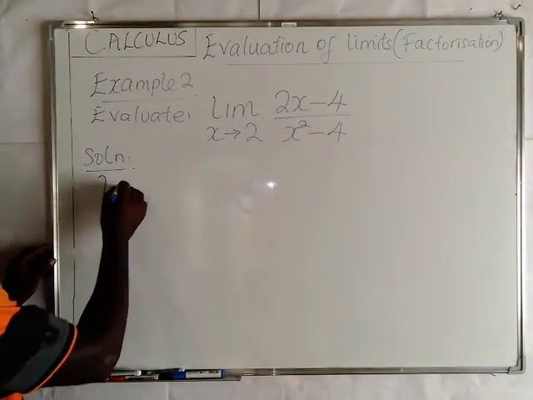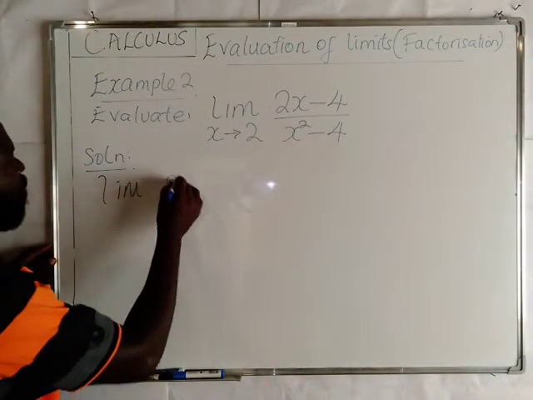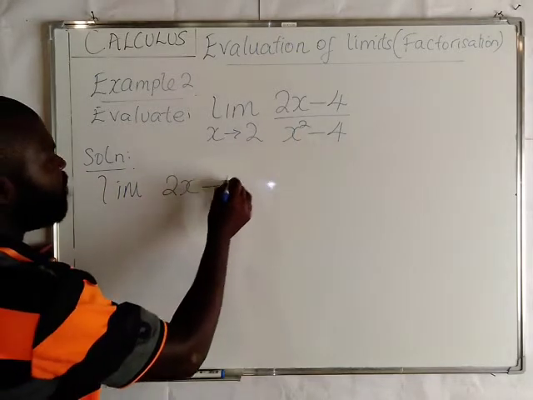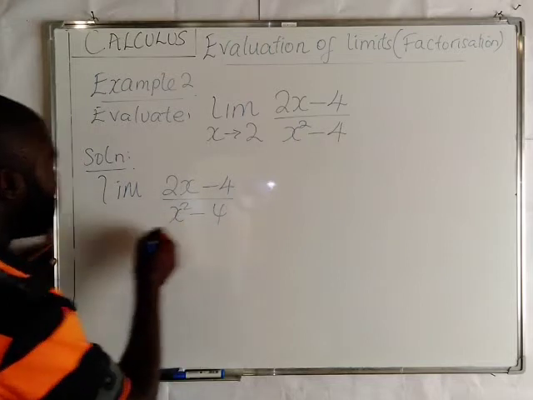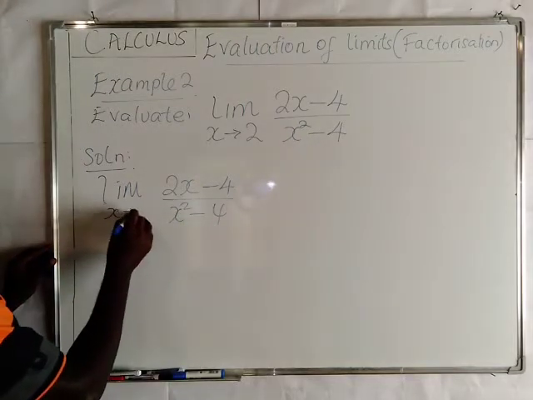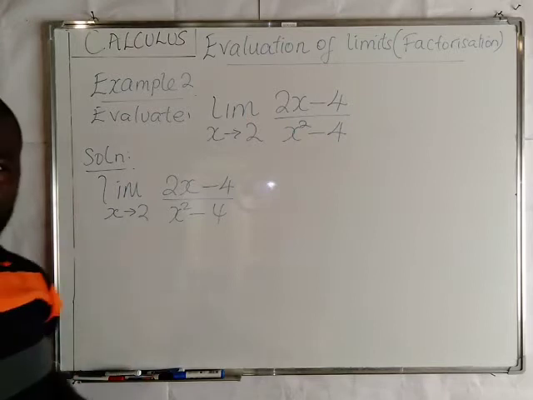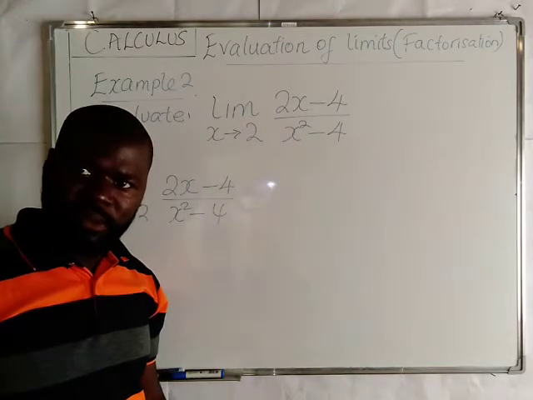We have the limit of 2x minus 4 over x squared minus 4 as x approaches 2. Let's use the substitution method.